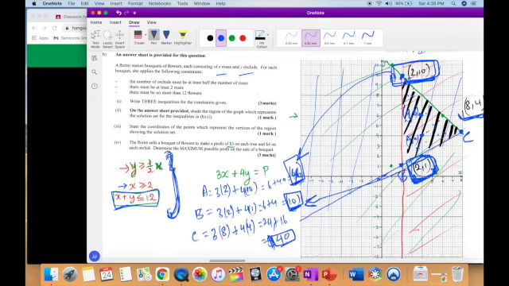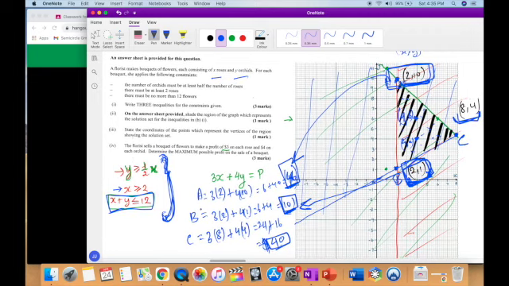This question is beautiful because it shows how linear inequalities could be used by you in your own business. You could actually draw a graph and work out how many things you should be able to sell in order to make a maximum profit.